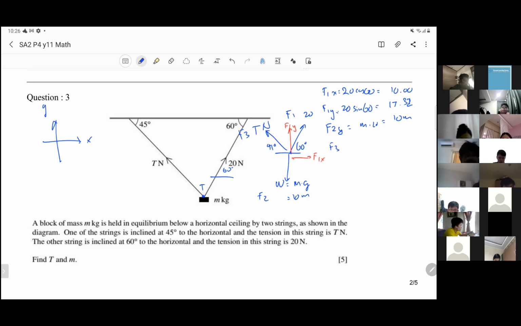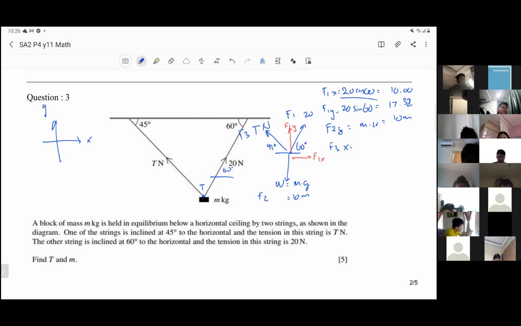Now we have F3 on the x. That's going to be Tessa. Tessa, give me the calculation and then the result. Hello? Tessa? Yes, sir. Brandon, get ready.